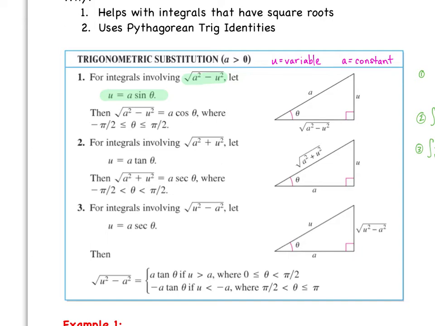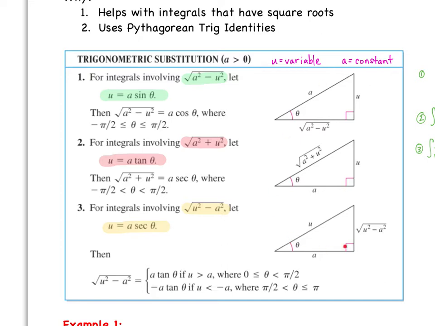When we see an integral that has the square root of a squared plus u squared, we want to let u be a times the tangent of theta. And just remember, we're again in quadrants 1 and 4. Then finally, if we see an integral that has the square root of u squared minus a squared, so kind of the reverse of that first one, we're going to let u be a times the secant of theta.